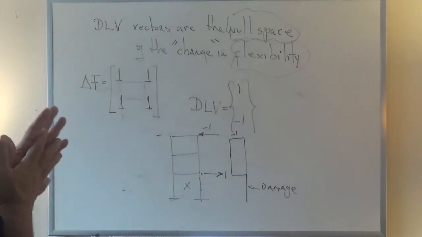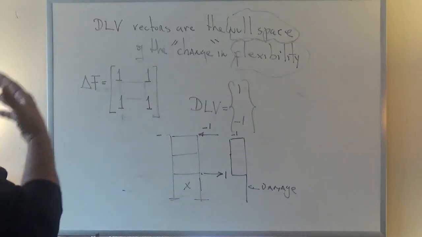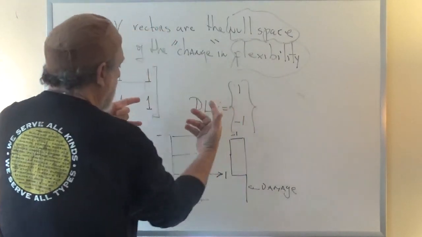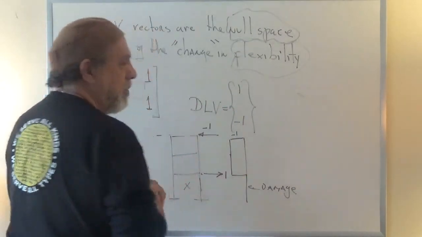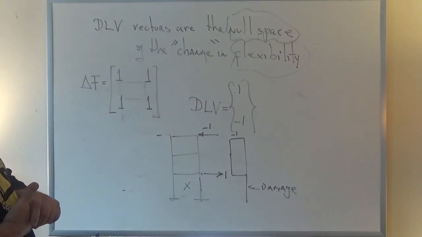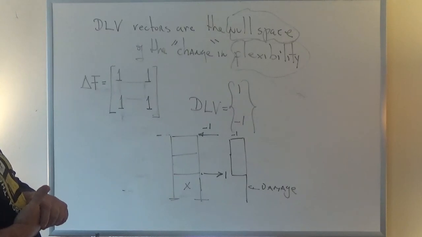I mean, at least the mechanics of the approach. The flexibilities are computed, the change is computed, the null space is computed, the null space applies at load, and boom, here's where the damage is located. Okay?